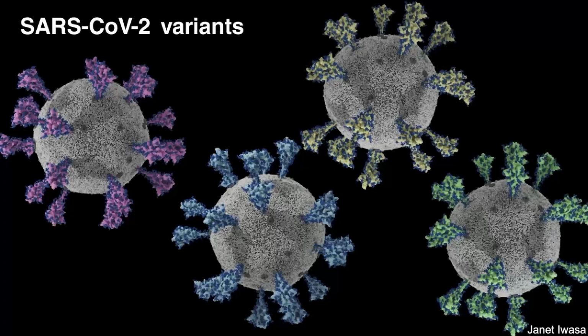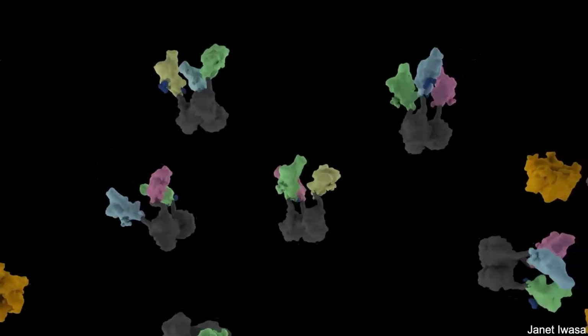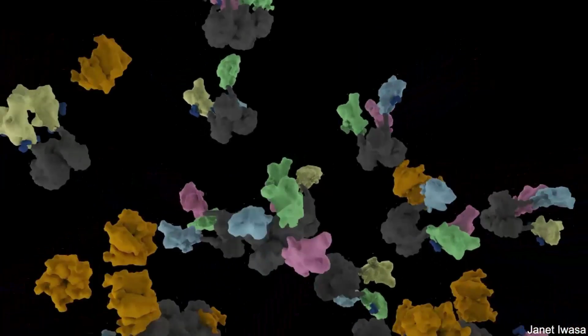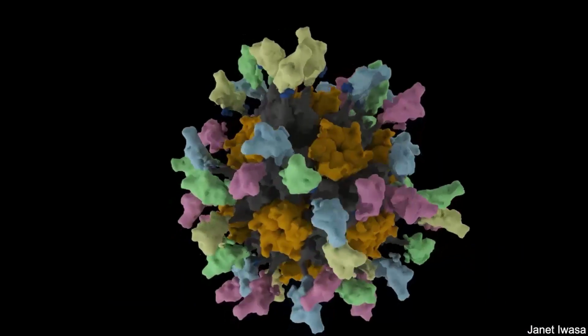The goal is really to see, with all of these variants coming out, if we can put a variety of these receptor binding domain variants onto a single nanoparticle. This is showing an example of a mosaic nanoparticle.